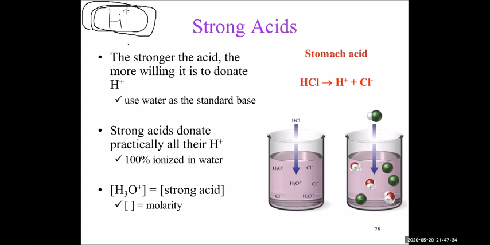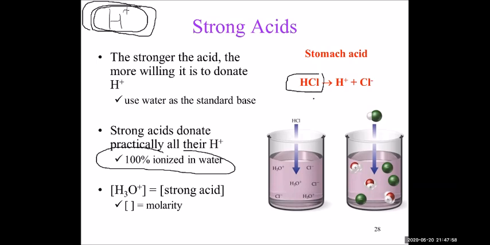And that is because those molecules, those chemicals, almost 100% completely become ions. Hydrochloric acid is a good example. When you put the hydrogen chloride molecule into water, 100% of those molecules will fall apart.